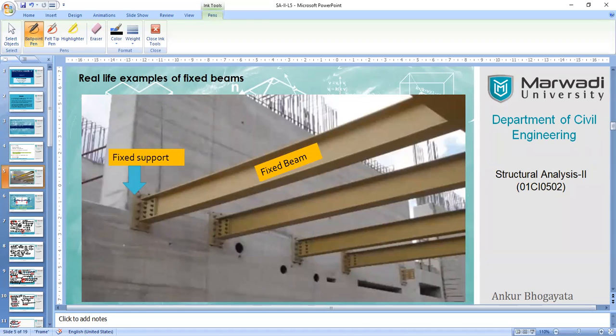So moments are largely transferred at the fixed end only, and only the reactions are transferred at one end as well as the other end. So, being an indeterminate structure, how can we find the solution for the unknown forces, right? And draw the shear force and bending moment diagrams.